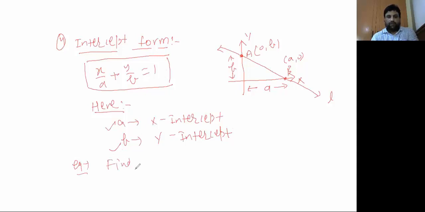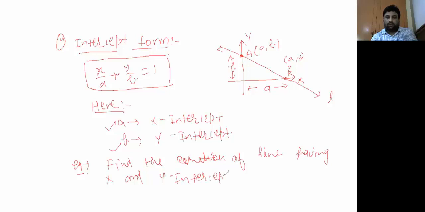Find the equation of line having x and y-intercepts as 2 and 3 units respectively. For solving this question, you can see here A is given 2 and B is given 3.